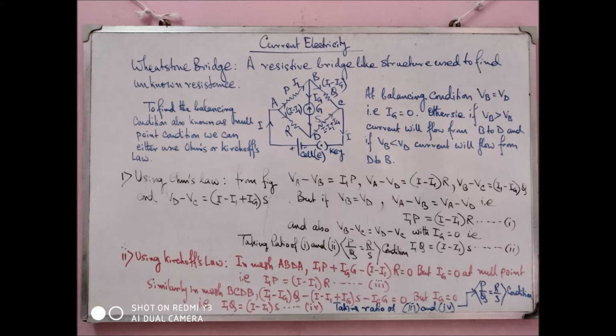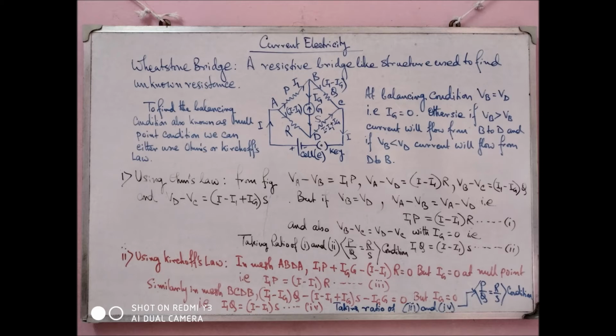Now 2 more connections are there. One is the galvanometer, which is connected between point B and point D, and the DC source with a key in series between A and C. Now whenever the switch is on, the current will flow naturally.